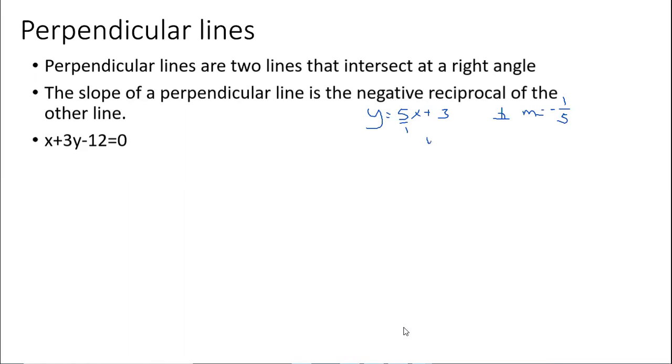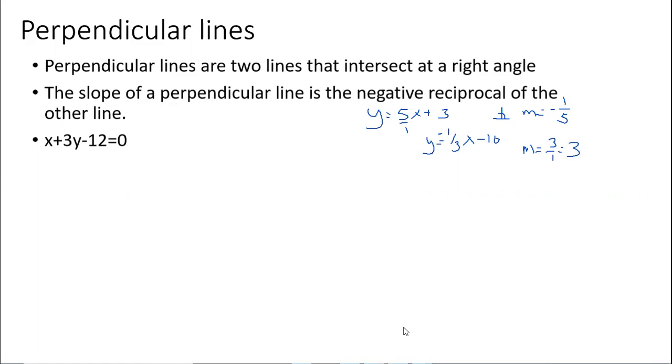Likewise, if we have something like y is equal to negative 1/3 x minus 10, we're going to take the negative reciprocal of negative 1/3. So negative and negative is positive, and this becomes 3 over 1, or just 3.